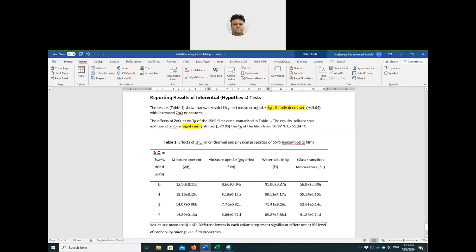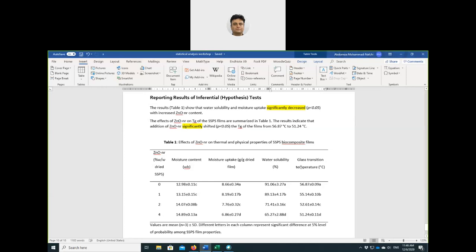Here in the text, or also here, the effect of ZnO nanoparticle nanorod on Tg of film is summarized in table 1. You can show it like this one. The results indicate that addition significantly shifted, p equal to or lower than 0.05. If shifted but not significantly, you need to put p higher than or equal to 0.05.